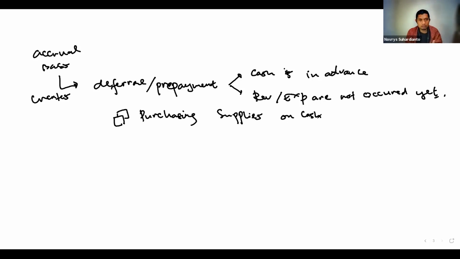Because the supplies will give you future benefit, you record the supplies as an asset. So you debit supplies and you credit cash.